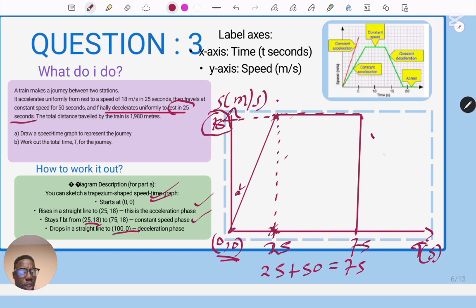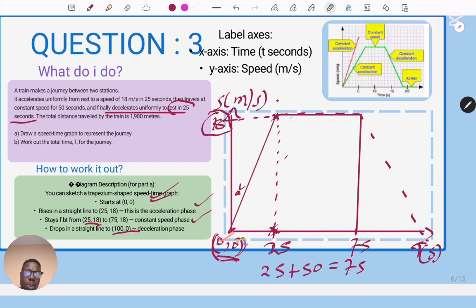It comes down to rest. To rest means 0. Remember, we have 0,0 here. So it is coming down to 0 here. But the time here is not 0, the speed is 0. Decelerate means that the speed reduces to 0.